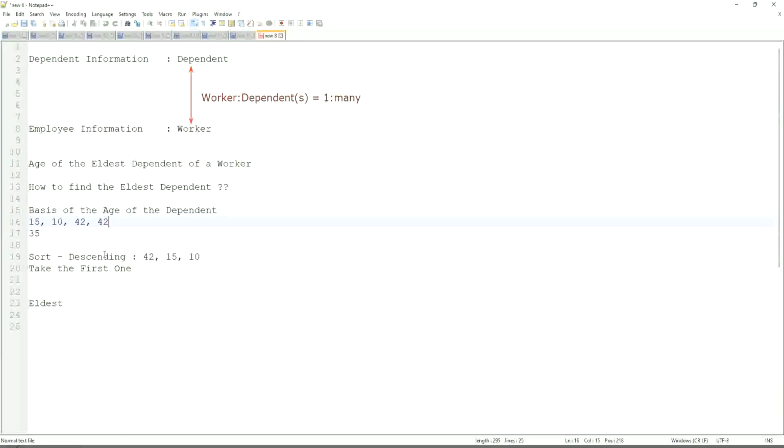Okay. But in this case, let's say you have more numbers like 42, 43, 75, 82, and so on. If one worker has so many dependents, which these are their ages, will our logic that we have defined be absolutely bulletproof?